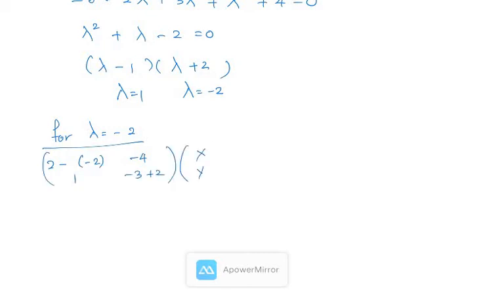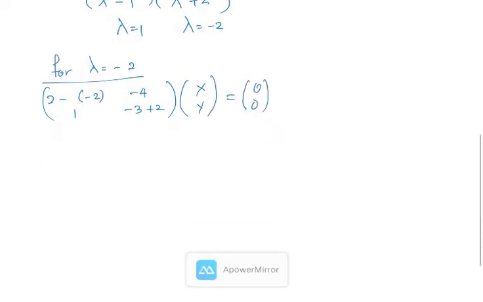So x and y equal to 0 and 0. So 2 plus 2 is 4, so 4x minus 4y equals 0, and the next one is x minus y equal to 0.